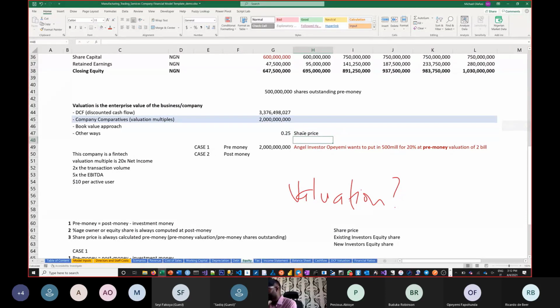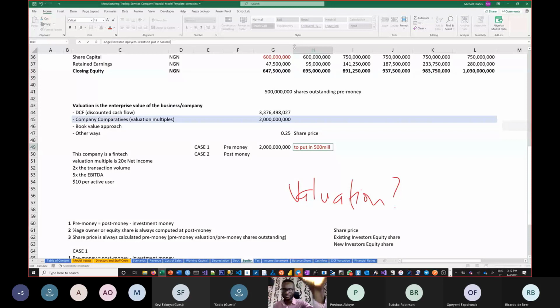This is fixed, right? So if the share price is fixed, what is the implication of us wanting to invest 500 million naira? Let me tweak the change a bit, and let's start gradually from here, and then you see how we can build up to it.